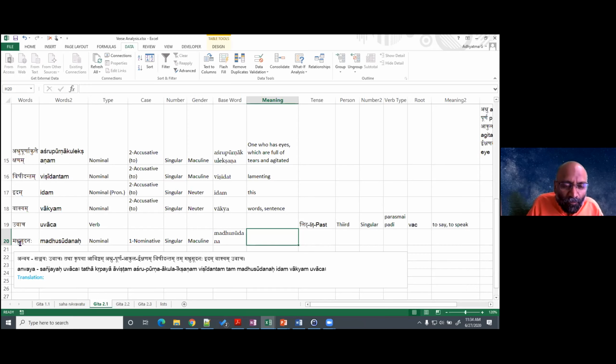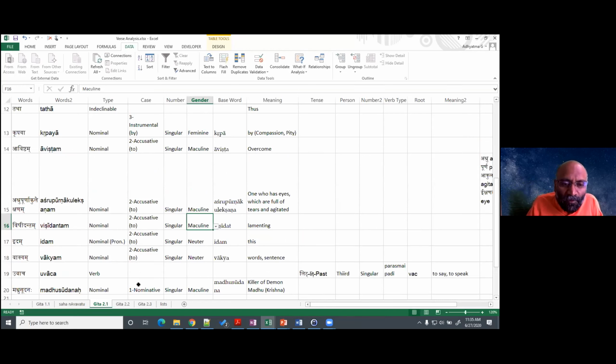It consists of two words, Madhu and Sudanaha. Madhu is the name of a demon. Sudana means the killer. So killer of Madhu. It's the name of Lord Krishna who killed this demon. This is the name of Krishna.